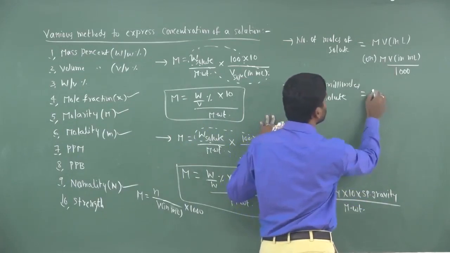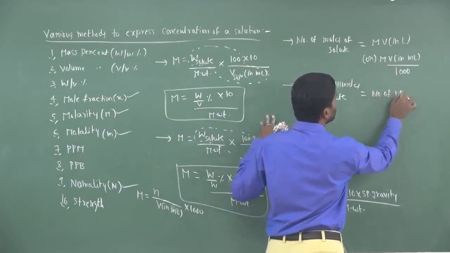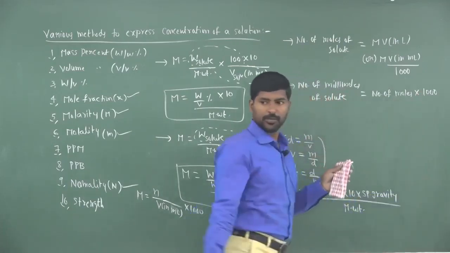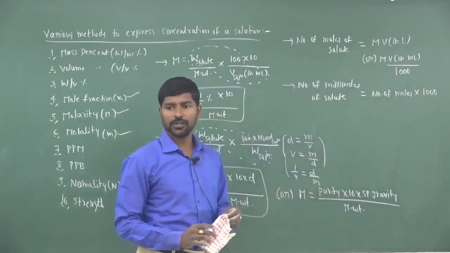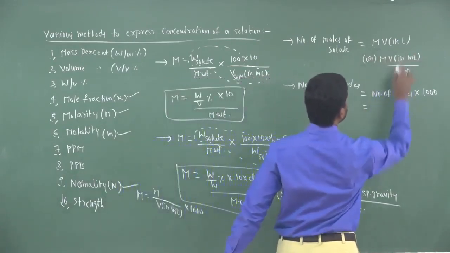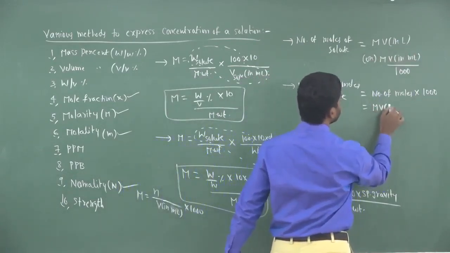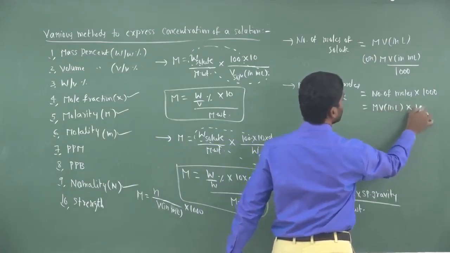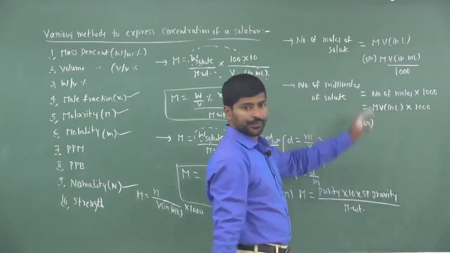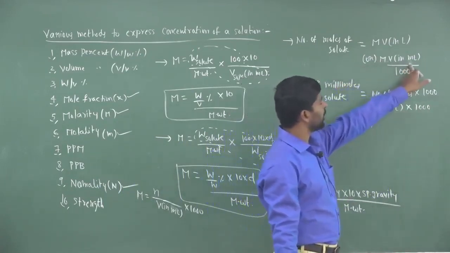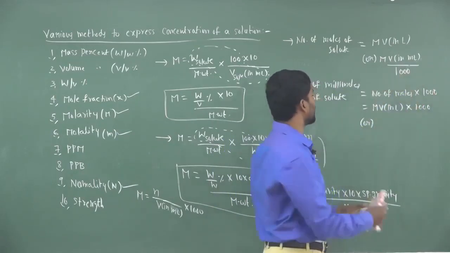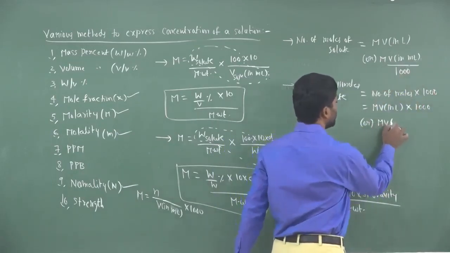Number of millimoles means number of moles into 1000. The number of moles is M into V in ml by 1000, into 1000. The 1000 gets cancelled, so we get M into V in ml.